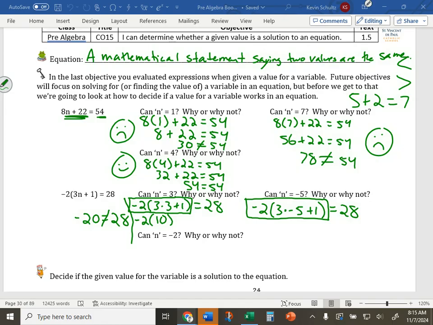I will not call on you, but I just want to see that people are getting this done. Try and do it mentally first, if you can, and then check the answer with the calculator.